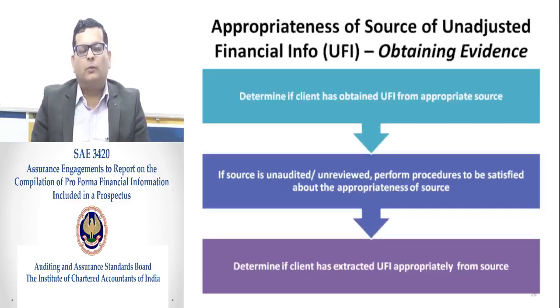Now, when the client prepares a pro forma set of information, like I mentioned earlier, the starting point is unadjusted financial information, which we typically also refer to as historical financial information. In my earlier example, entity A's 18-19 audited financial statements would be considered as unadjusted financial information. We need to confirm that those are either audited or reviewed before working on a pro forma engagement.